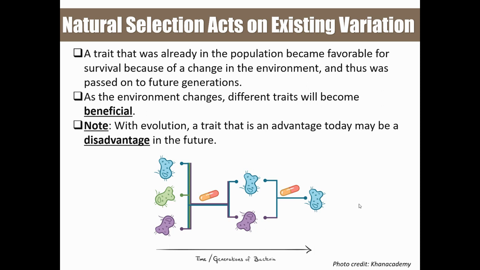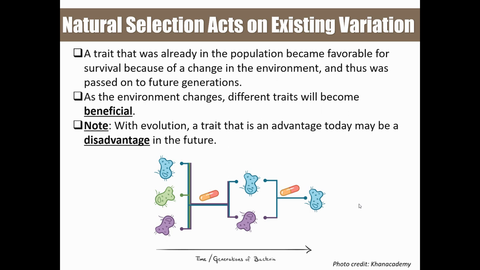So a trait that was already in the population became favorable for survival because of a change in the environment, which we're going to see a lot when we get to ecology, how a change in the environment can drive evolution or cause things to change as a result. As the environment changes, different traits will become more beneficial.